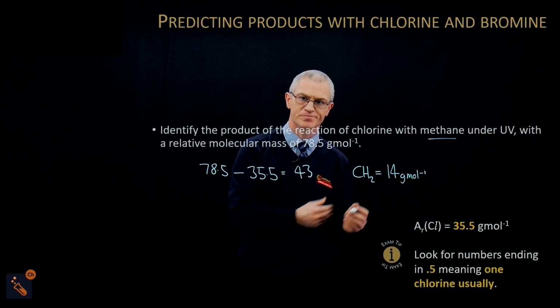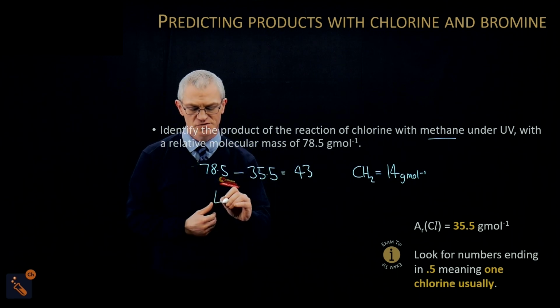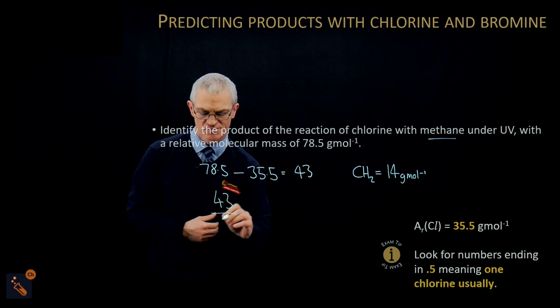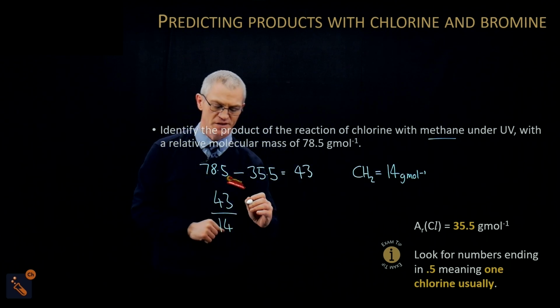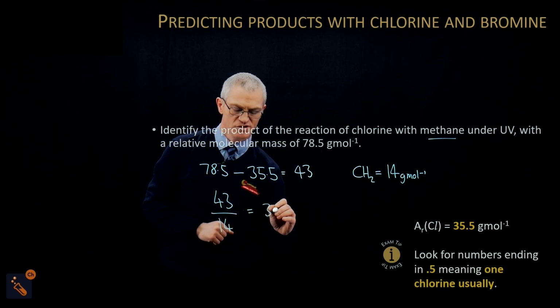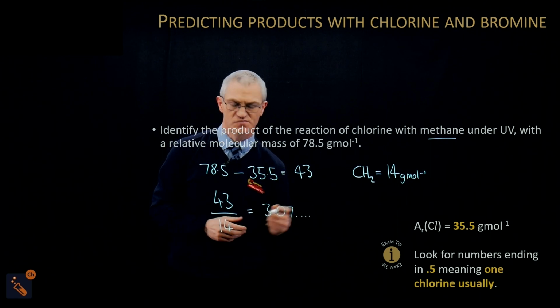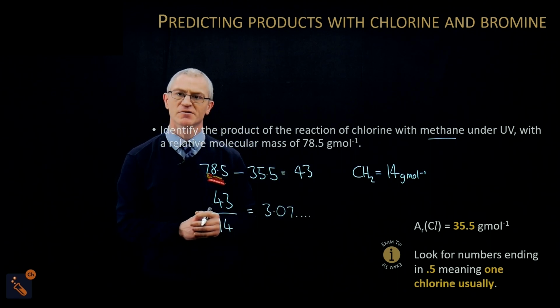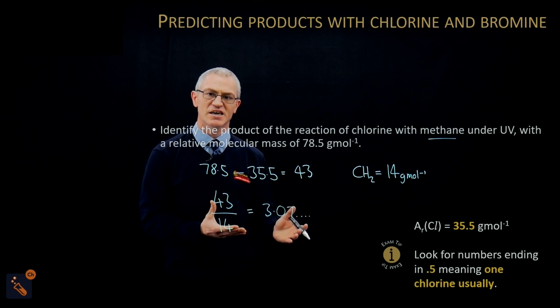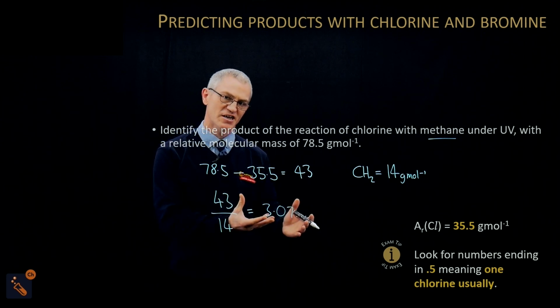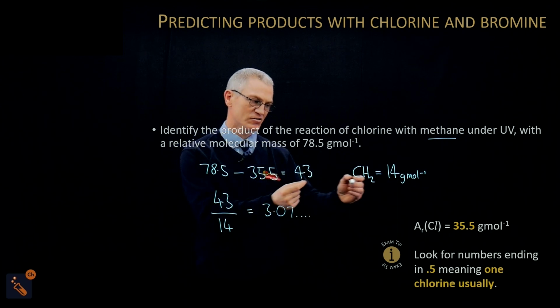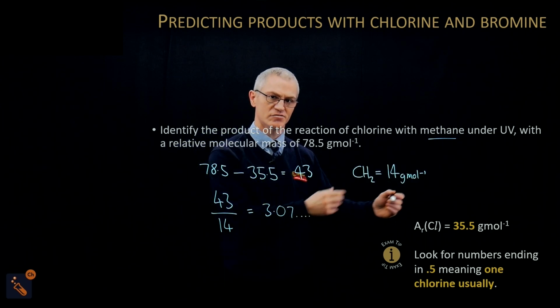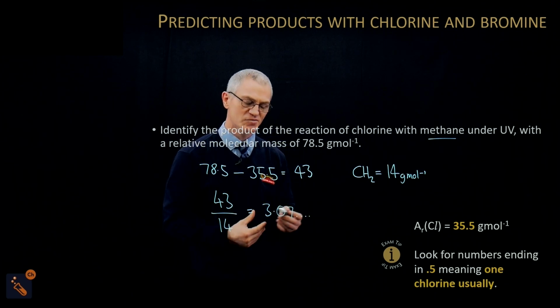So 43 divided by 14 would roughly tell me how many CH2s there are. That equals 3.07. I don't care that that's not exact, because in an alkane there's CH2, CH2, CH2, but at the end is a CH3, so it's not going to be perfect, it's going to be a roundabout.